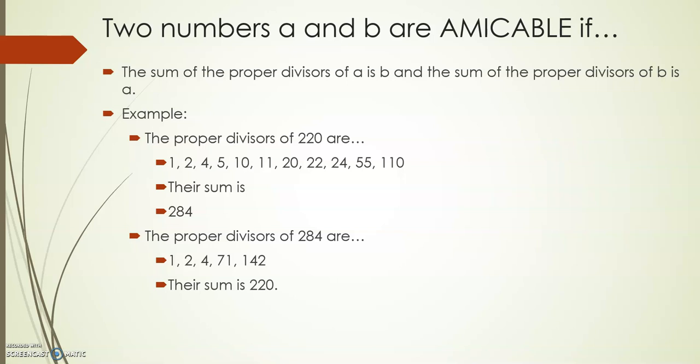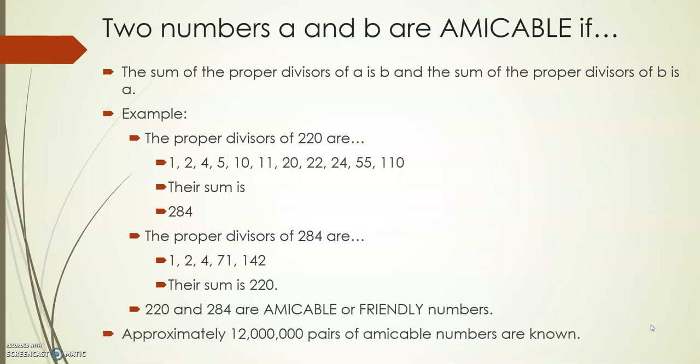Their sum is 220. 220 and 284 are amicable, or friendly, numbers. Approximately 12 million pairs of amicable numbers are known.